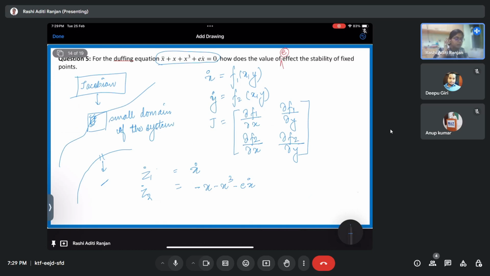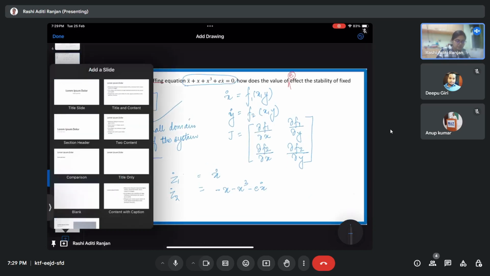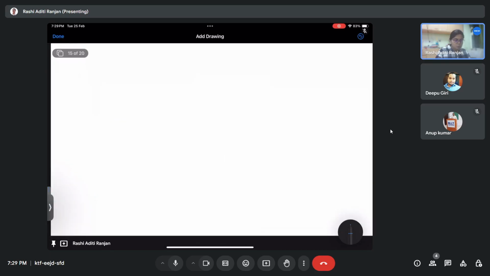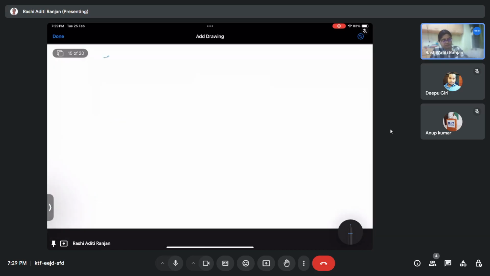Now what will we do? We'll find the Jacobian matrix. 0, 1. Then we will have, with respect to x, minus 1 minus 3x square, and minus e.